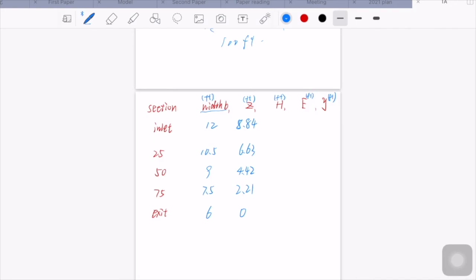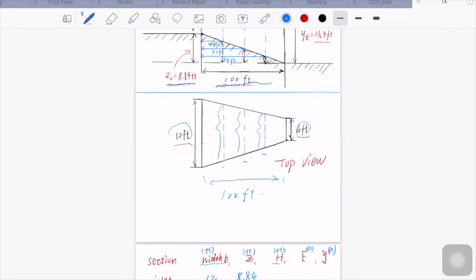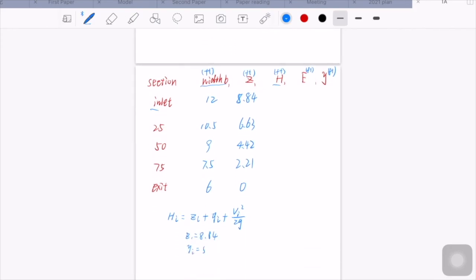And for the H column, the total energy head column, we can determine the energy head at the inlet. First, using this equation, HI equals ZI plus YI plus VI squared over 2g. ZI is 8.84, and YI is the 5.88 feet we calculated before.